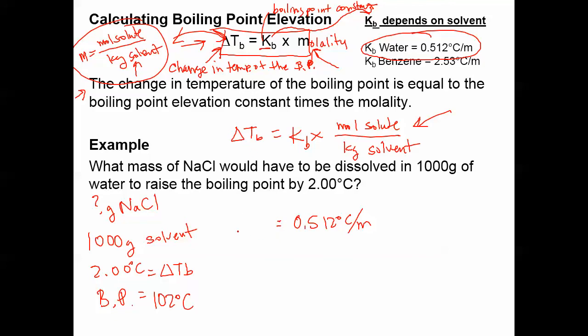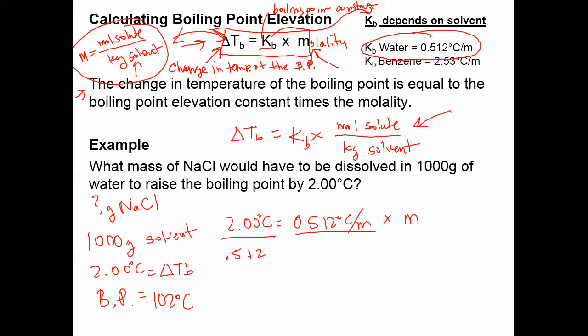In this case, the change in the temperature of the boiling point is 2 degrees. We can plug that in directly without any math at all. And the only unknown in this equation is molality. So again, you could do more if you want to combine the formulas, but if not, you can go this route as well. So in this case, to solve for molality, you divide both sides by 0.512.